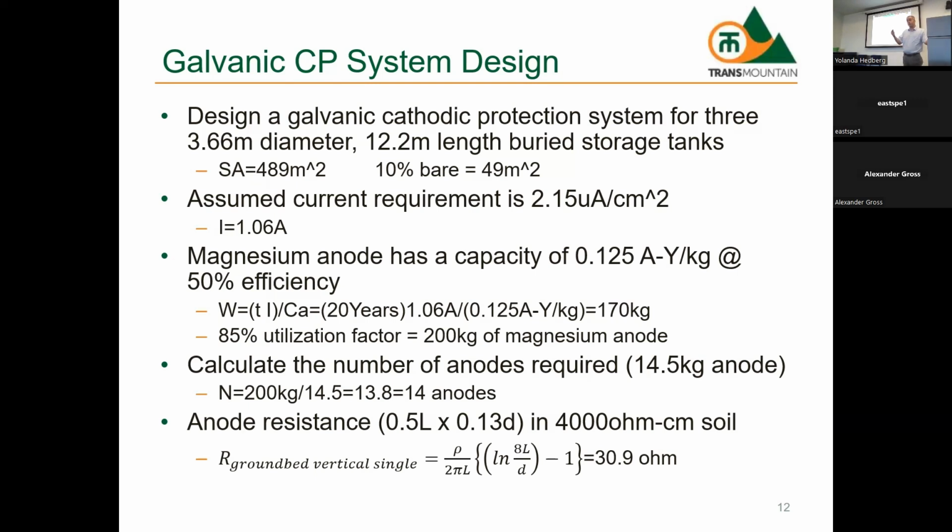To get more current, as per Ohm's law, you either need a higher driving voltage, which means you're now going from galvanic to impressed current to get more voltage, or you need a lower resistivity of the soil, or resistance in the circuit, which comes directly from the resistivity of the soil. Because in this calculation of the resistance of the anode, you can see the resistivity is right here. So it's linearly proportional.